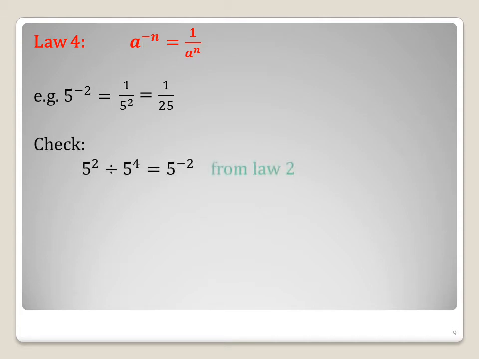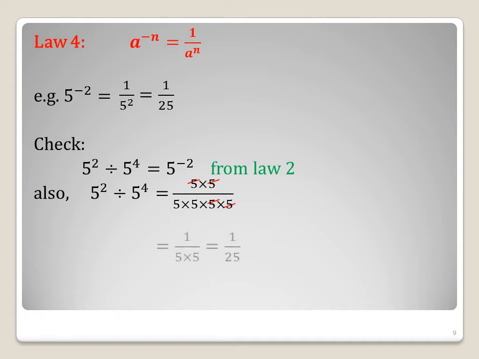From the law of subtraction, this gives 5 raised to the power of minus 2. Also, 5 raised to the power of 2 divided by 5 raised to the power of 4 is 5 times 5, all divided by 5 multiplying itself 4 times. And when you cross it out, it gives 1 over 25. Then, 5 raised to the power of minus 2 equals 1 over 25.